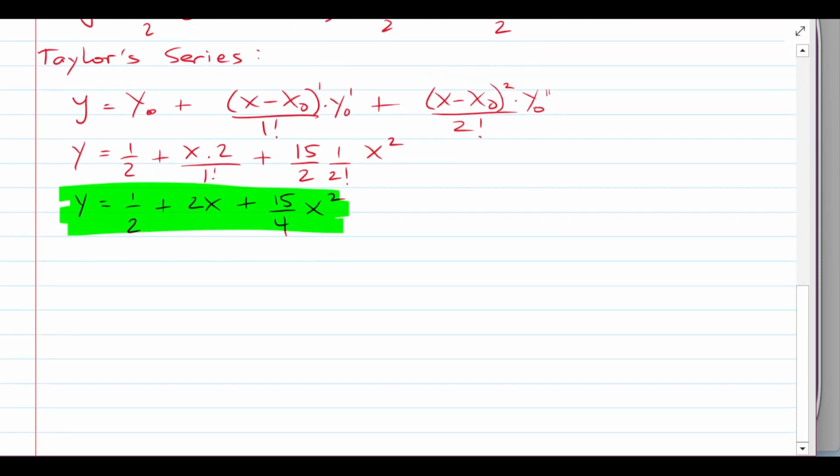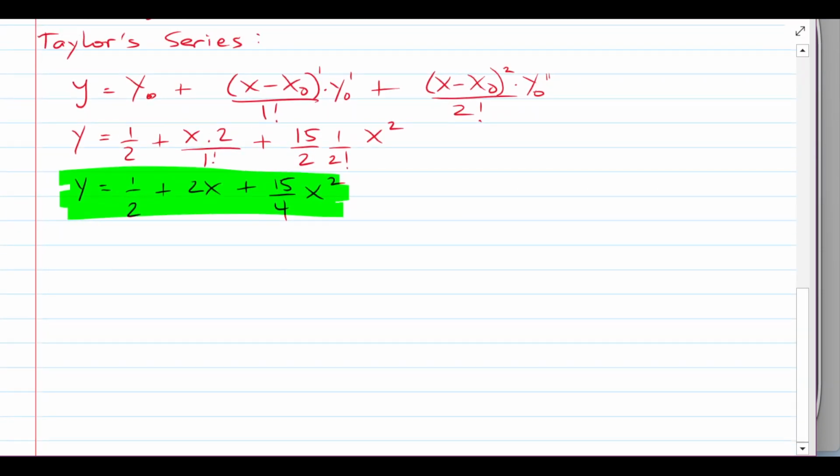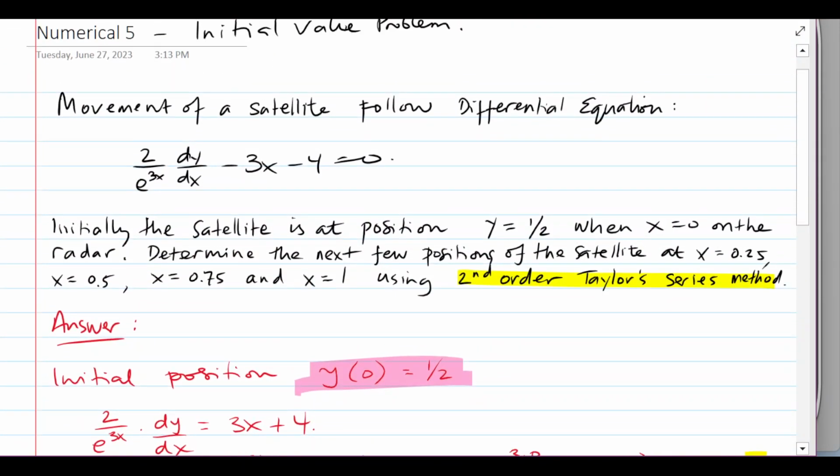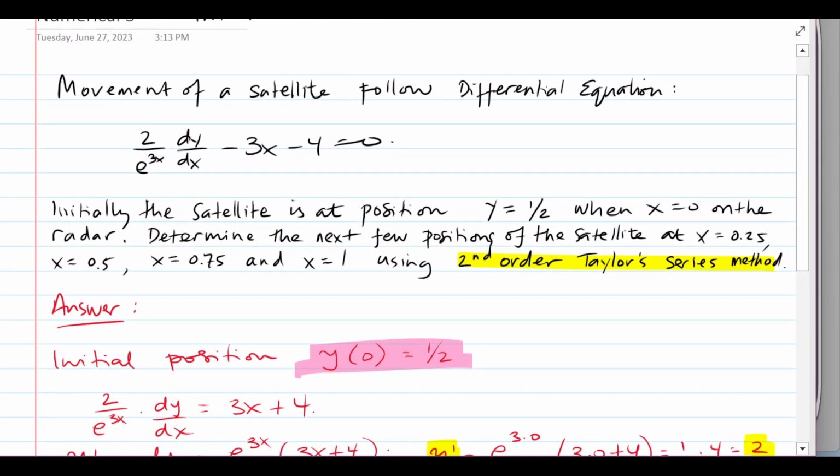That's our Taylor series up to the second order. So now we can determine the position of the object at x equals 0.25, 0.5, 0.75 and 1.